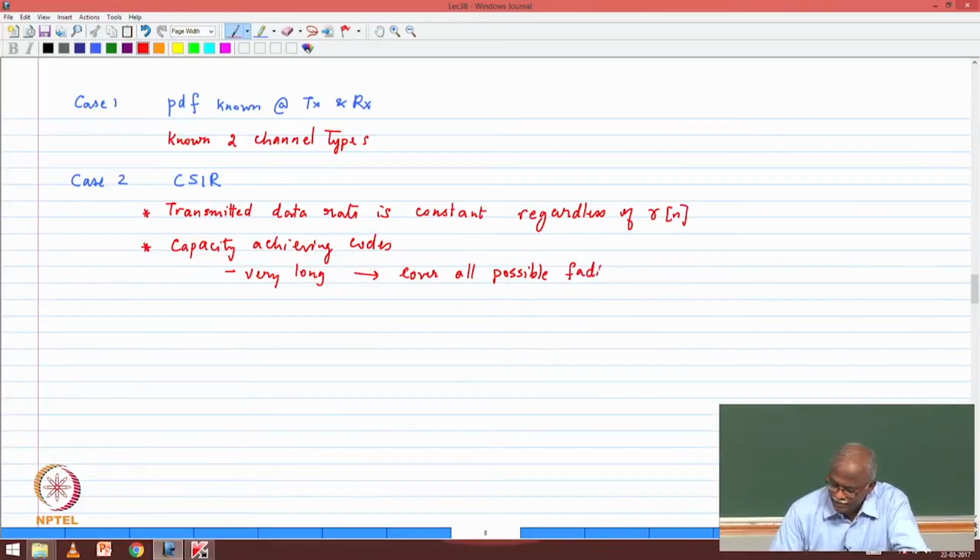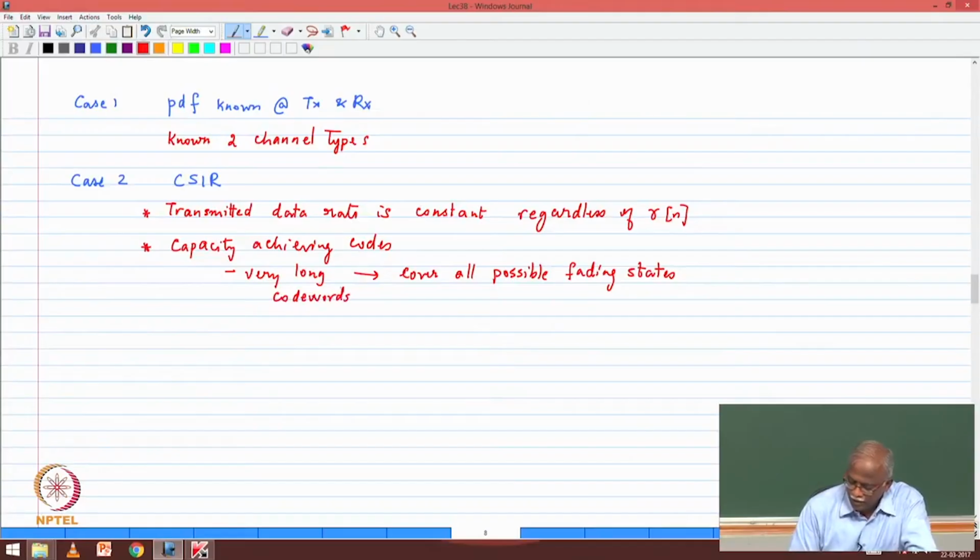And the minute you have very long code words, the impact will be in terms of the delay and in terms of the decoding complexity. Okay, so both of these are factors that we have to keep in mind.